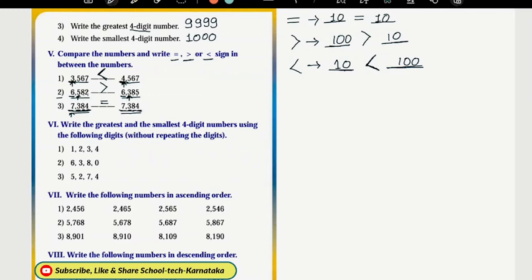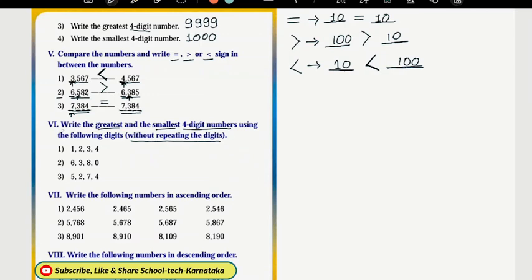Let's check what we have in our next exercise. So in sixth exercise, we need to write the greatest and the smallest 4-digit number using the following digits and without repeating the digits. This is important here for us.